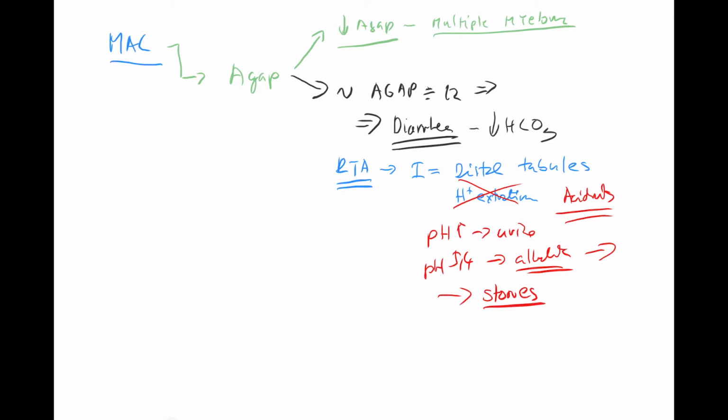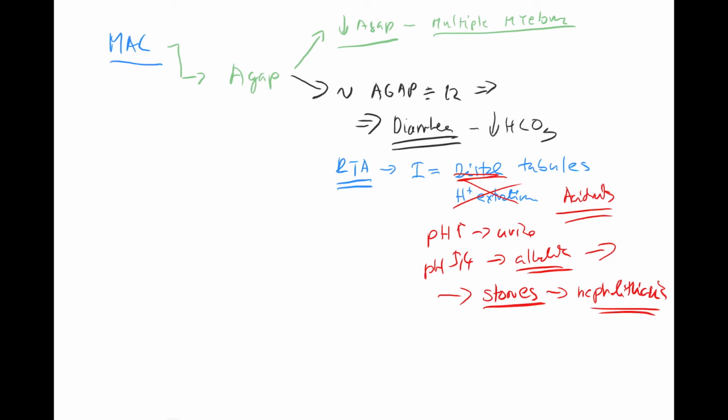So you got nephrolithiasis. Remember, type 1 is a distal problem, and you are having nephrolithiasis, so stones. That could be very painful because if it blocks the ureter, it's a colic pain, severe pain, okay? And typically urologists have to pull out the stone.